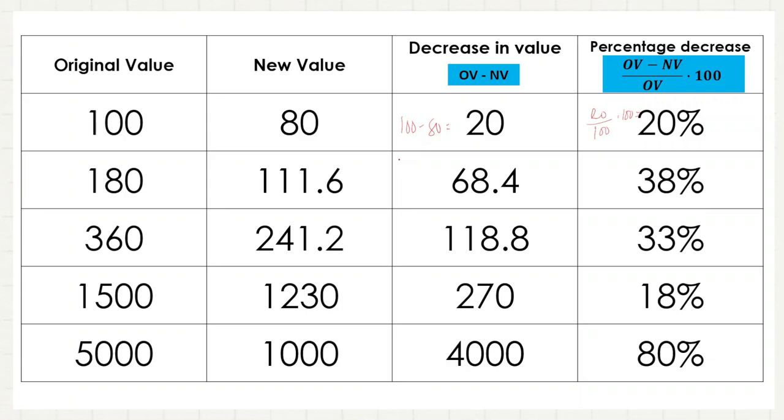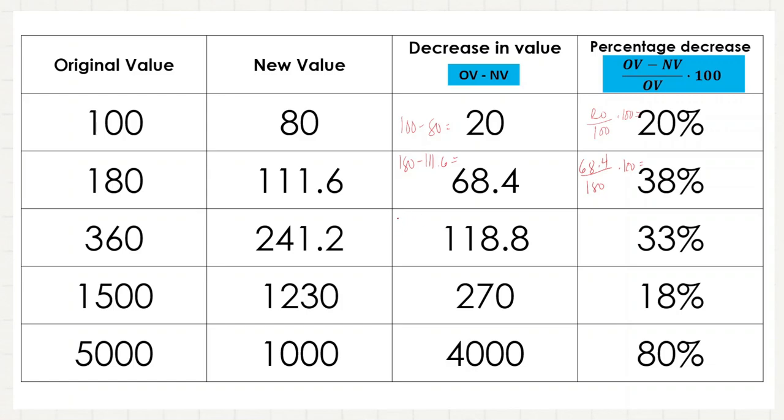For the second one, we have 180 minus 111.6, which is 68.4. To get the percentage decrease, we have 68.4 divided by the original value, which is 180 times 100, which is 38%.